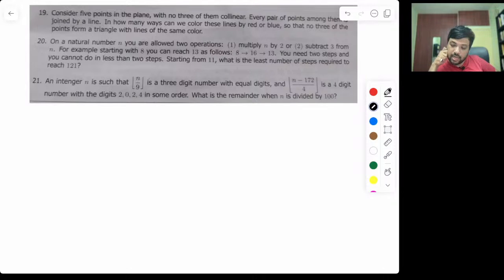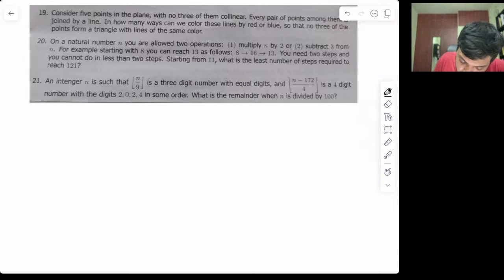Okay, and (n − 172)/4 is a 4-digit number with digits 2024 in some order. What does this mean?